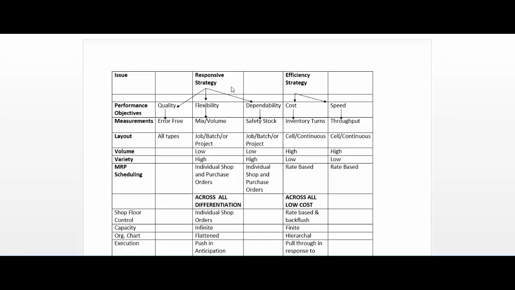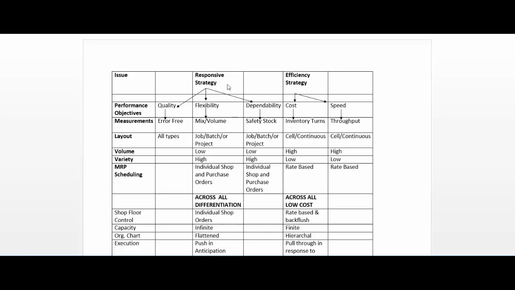You typically have to look at playing on one side or the other, so to speak, efficiency or responsive, and then make decisions or tackle issues that say, for these issues, here's how I want to respond. So in the simulation, again, you're looking at it in a sense, do I want to be the Walmart of orange juice? Or do I want to be the Nordstrom of orange juice? And I want to make decisions that support that and align with that.